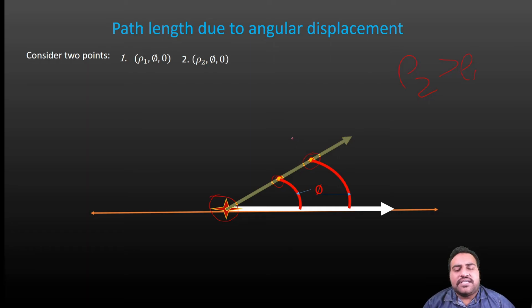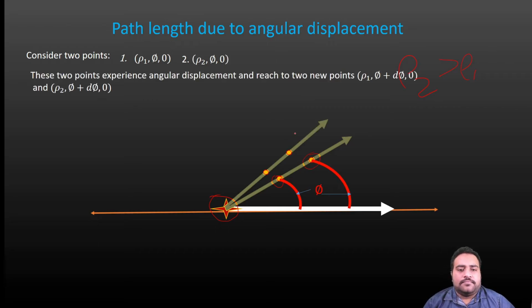Now, assume that they have experienced similar angular displacement. That means the distances from the center have not changed. They have only moved along the counterclockwise direction. You know, the locus of constant rho is nothing but a circle.